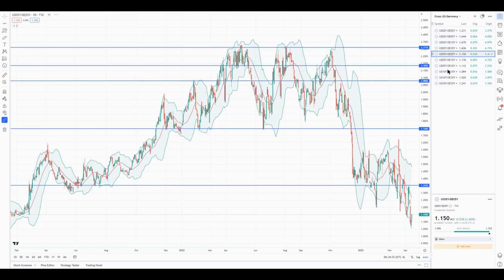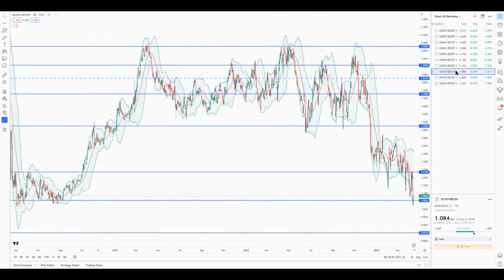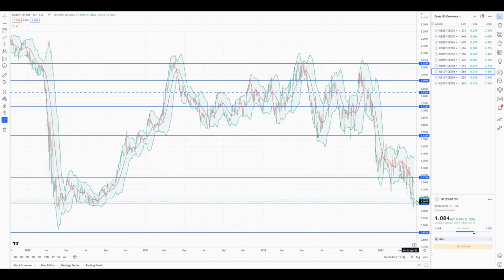And then if we look at the fives, you can see that we can go another 20 basis points down towards this level. But the tens have reached already this 105 area, and I think they're going to be stable between 105 and 115 over the course of the next couple of weeks, which tells me that the tens are going to move least, both in Germany and in the US, and are going to be more or less anchored.